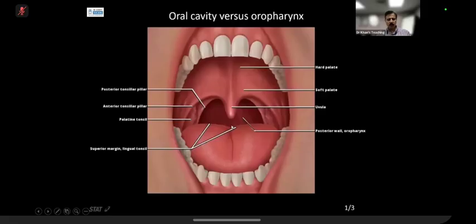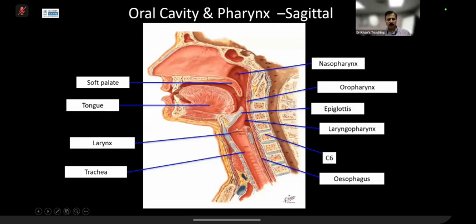So this is what we see when, clinically speaking, we are looking into the mouth: the uvula, and these are the pillars we are talking about. This is the anterior tonsillar pillar, and this will be the boundary. Now, if you see here, this is a sagittal diagram. This is the tongue, this is the hyoid bone, and somewhere here are the circumvallate papillae.